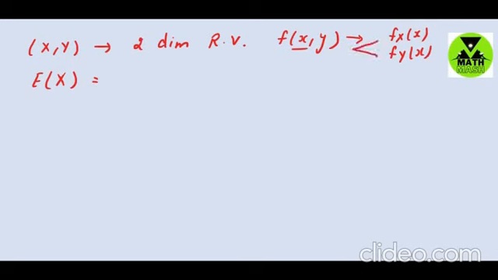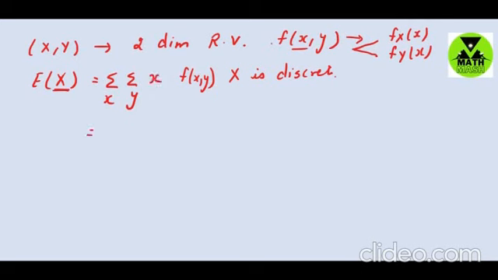So that means expected value of x, if x is discrete and their joint function is given to us, it is summation over x, summation over y. Because the joint function is given, we are using the joint function f of x comma y, so we are taking summation over x values and summation over y values both. And what function is given to us? Here we have x only, so this is nothing but x.